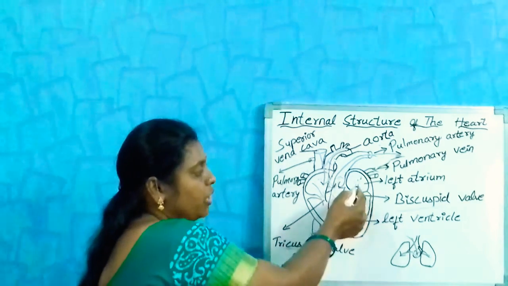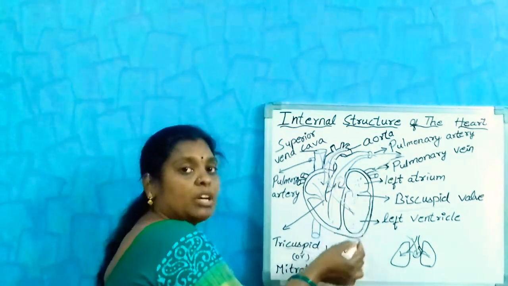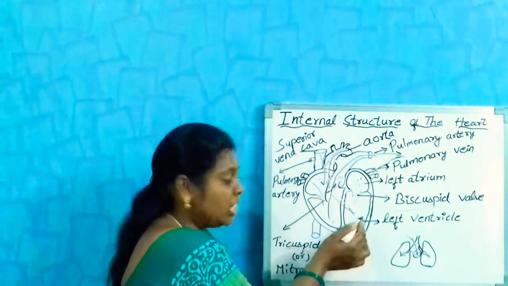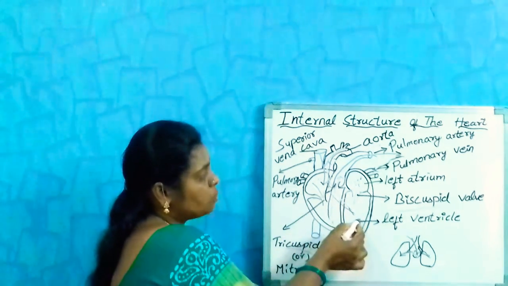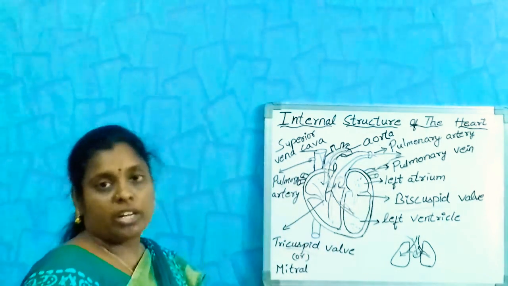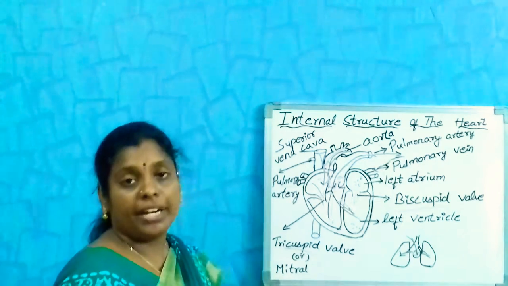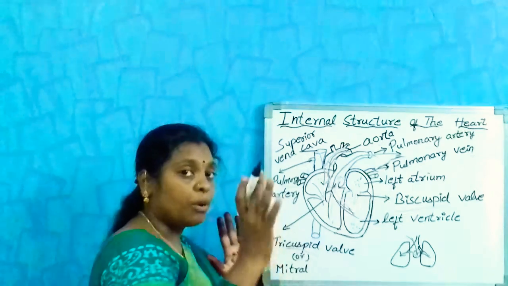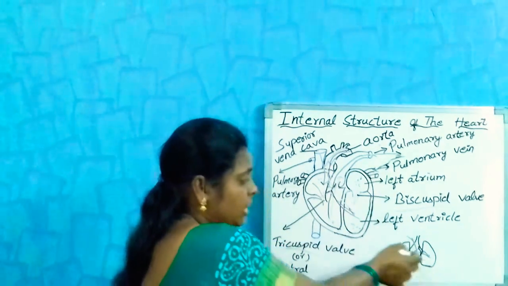Because of the contraction of the left ventricle, the blood is pushed into the aorta. This is the systemic aorta. This aorta supplies the blood to all parts of the body because of the presence of different arteries.